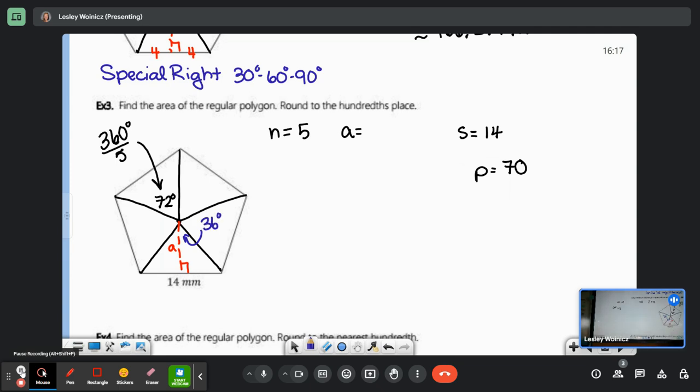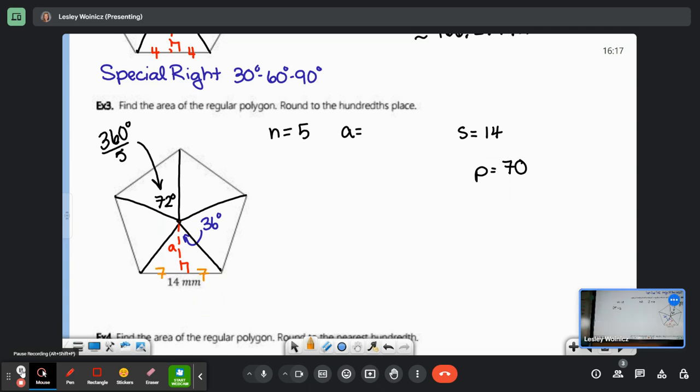Okay, so let's go back to the side length. All right, this whole thing is 14, but the apothem does what to the 14? It cuts it in half. So now I have a pair of sevens, 7 and 7.